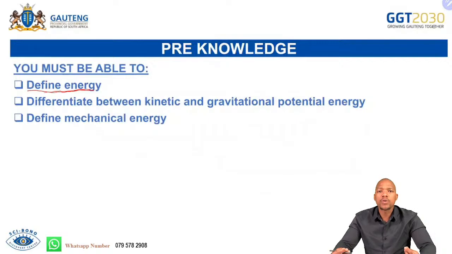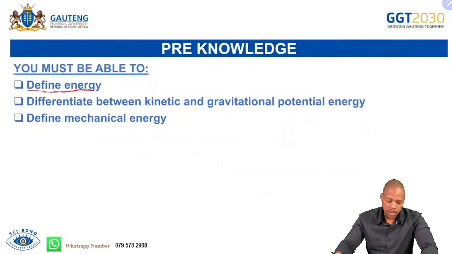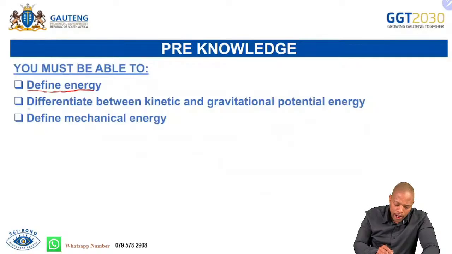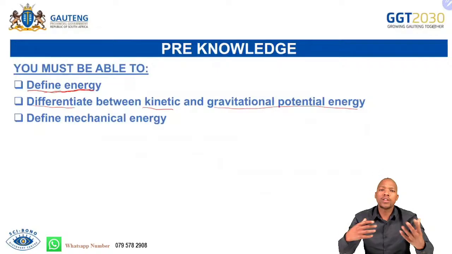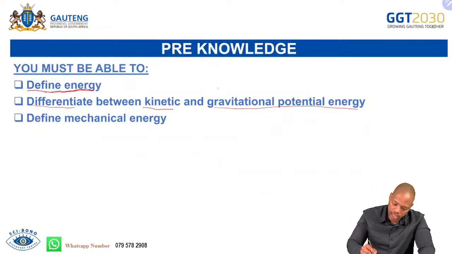It was necessary for you to be able to define energy in Grade 10. It was actually even examinable then. You must be able to differentiate between kinetic energy and gravitational potential energy. Know the difference between the two types of energies, especially in terms of their definitions: kinetic energy is defined as this, and gravitational potential energy is defined as this.